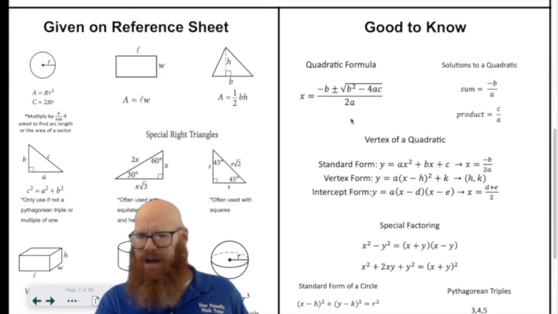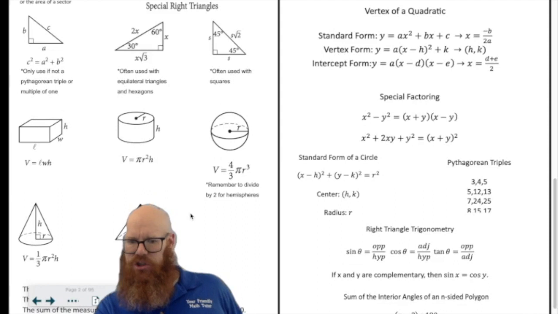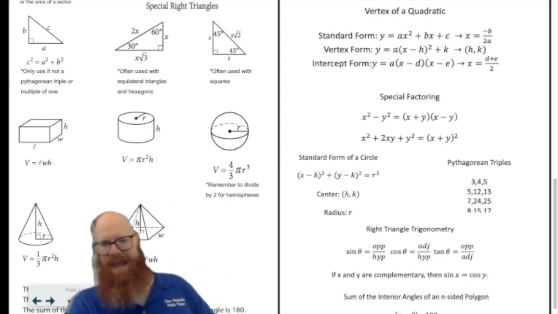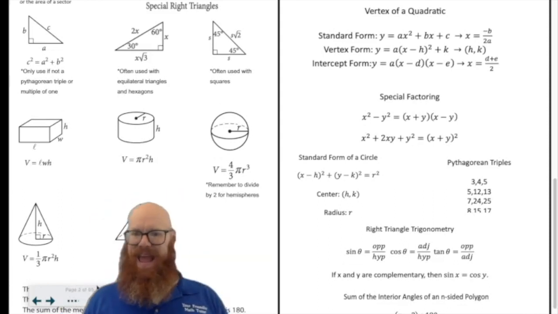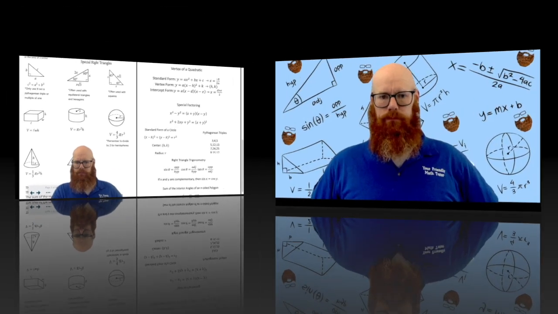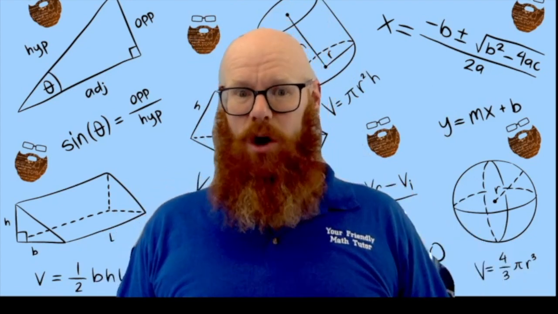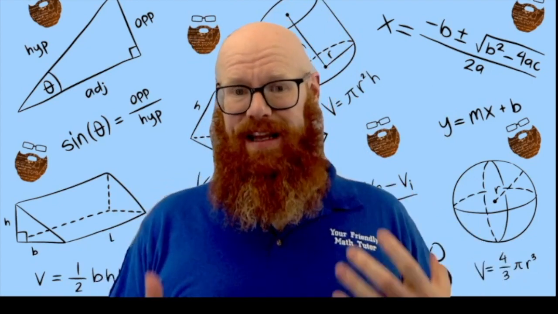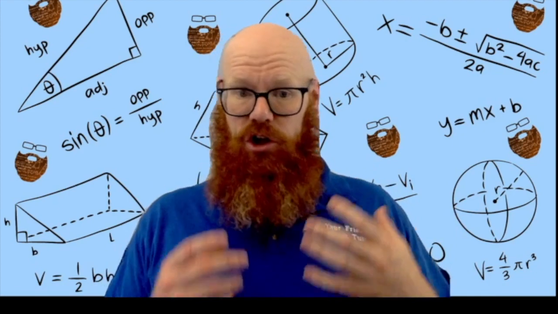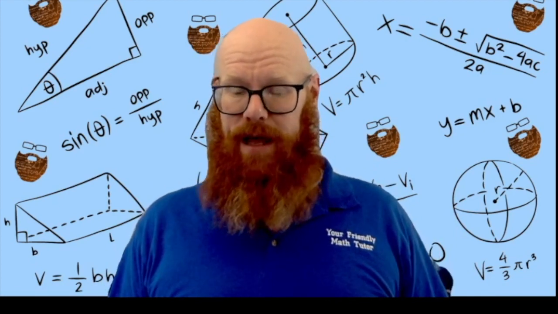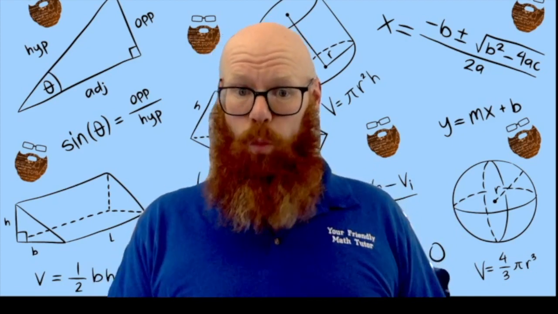And then 8 and 9 was the good to know formulas. And that is pretty much the end of going over our SAT 1 sheet. All right, so that's the end of our 1 sheet. We have 9 videos going over 70 different examples to go over all the different problem types that are on the SAT that this 1 sheet covers.